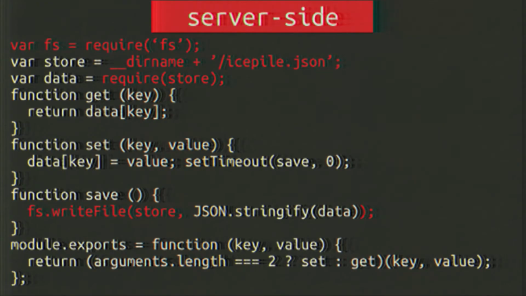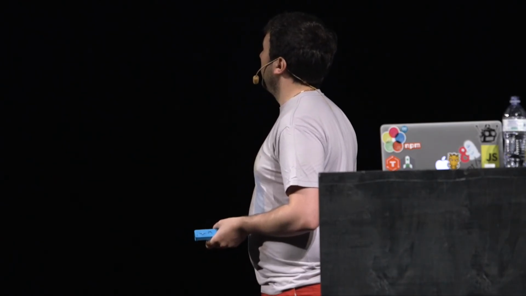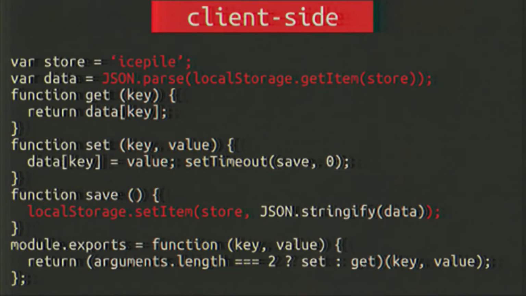So if you wanted to reuse something like that for the browser, you'd be pretty much out of luck, right? But there's a solution to that. You could write a client-side implementation that takes the parts that use the file system and uses local storage instead. And that would be great. It will work pretty much like you want it to.